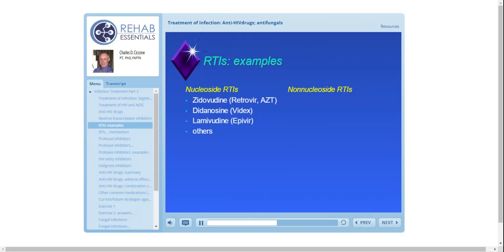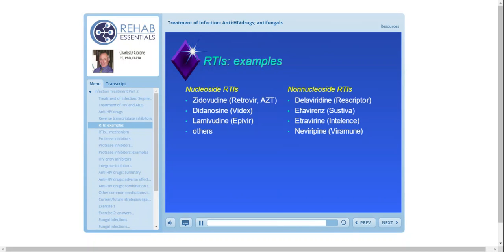Then came along the non-nucleosides a little bit later: delavirdine, you can see some of the trade names, efavirenz, etravirine, and again, other drugs in this group, nevirapine. Both groups together, very important. Let's take a look schematically at how they work and why this is such a critical step to prevent during viral replication.